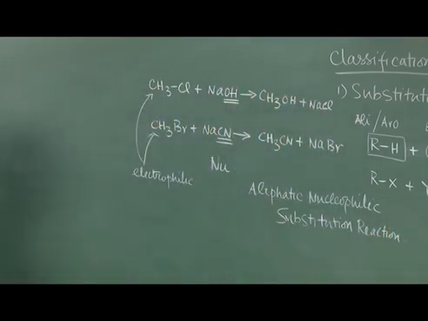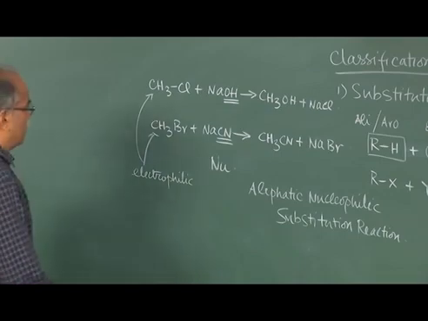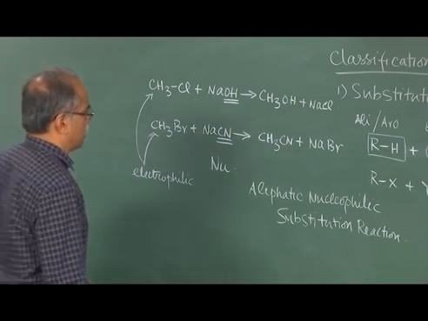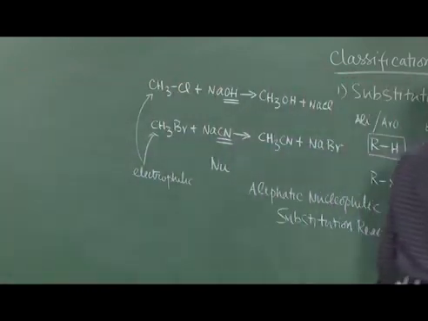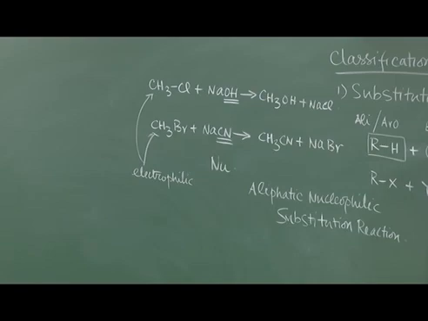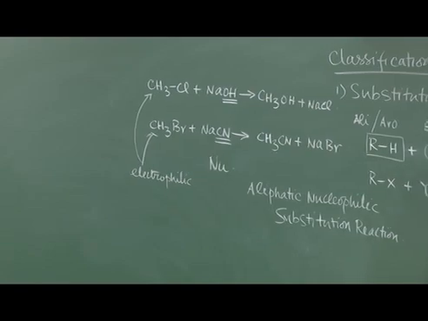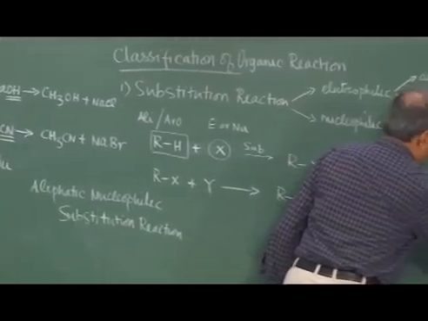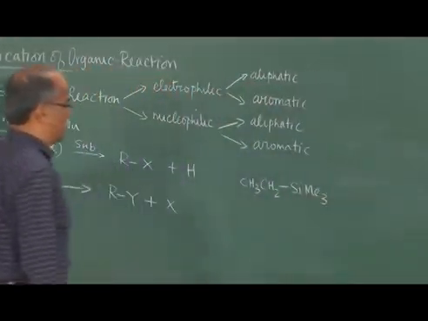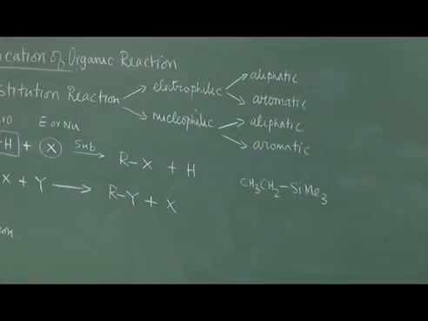Now, let us see one example of an aliphatic electrophilic substitution reaction. This is a special class of reaction. It is a silicon substitution, where the carbon-silicon bond is what is being substituted here.